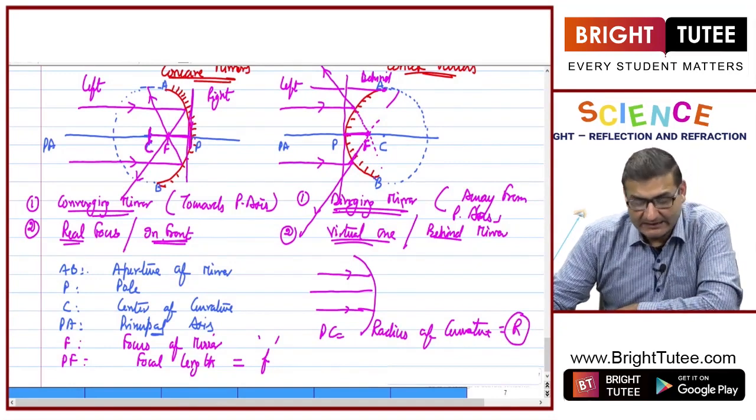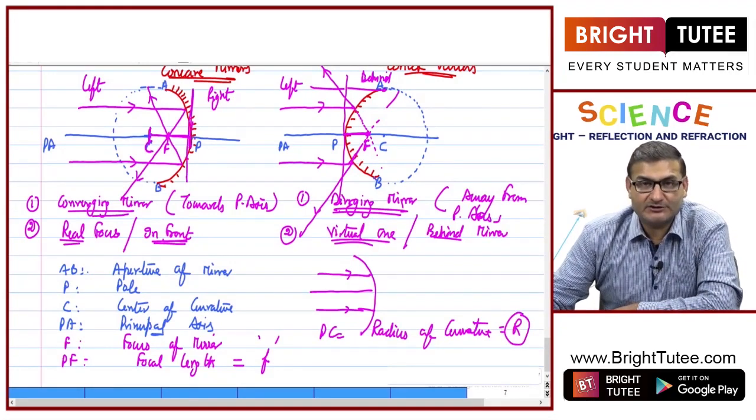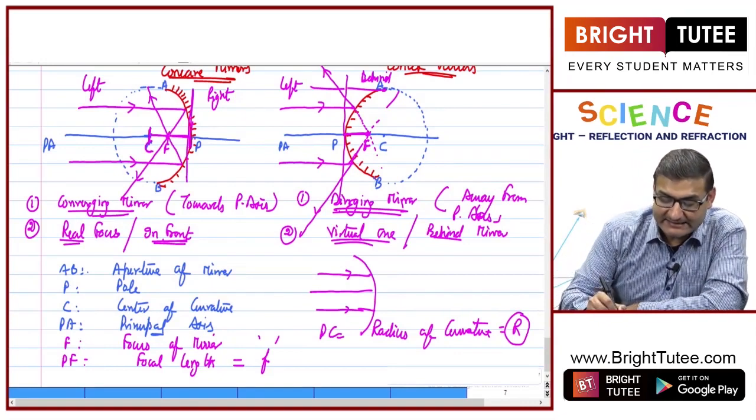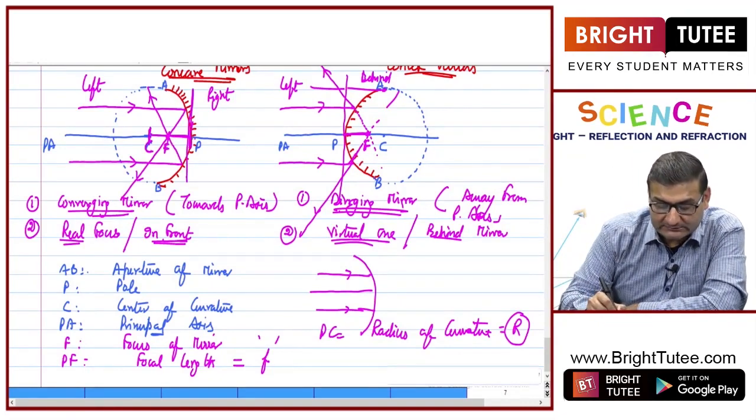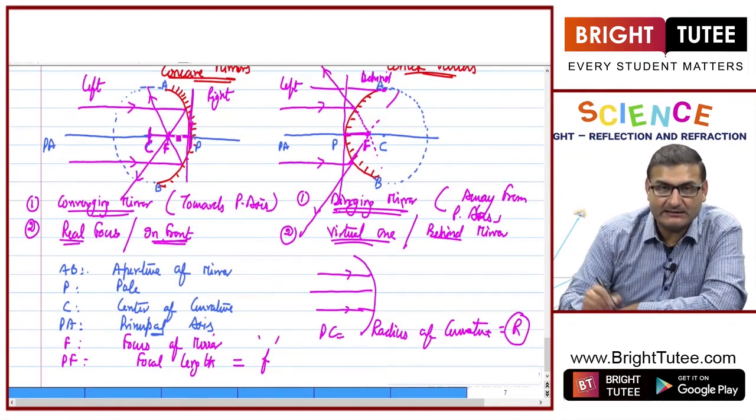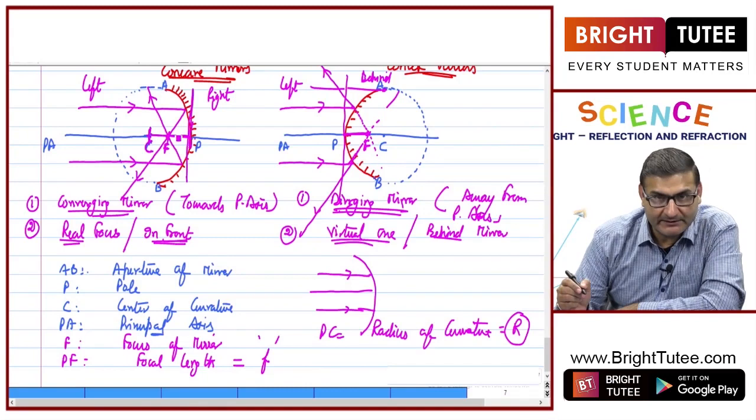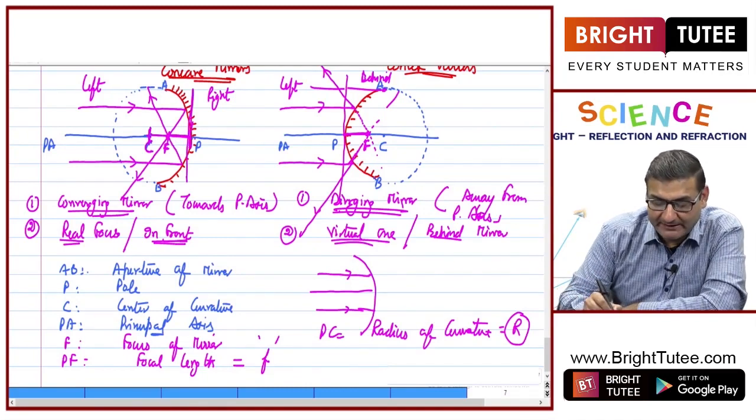Fine. Now, for any particular mirror with a shorter focal length, we see that this focus is in the middle of P and C. What does it mean? It means that PF is equal to CF.